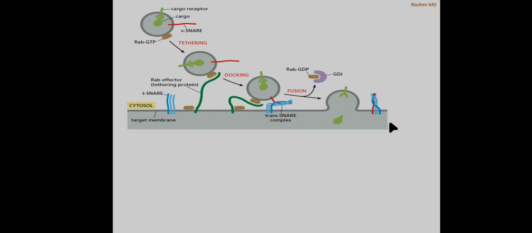So this is the whole thing, starting from the activation of Rab protein to the fusion. This is how the transport of proteins from the trans Golgi to the lysosome happens, or what the snare hypothesis says.